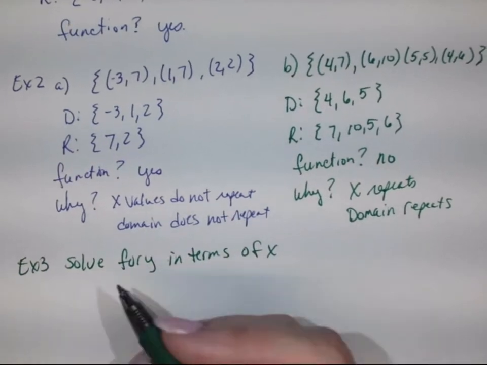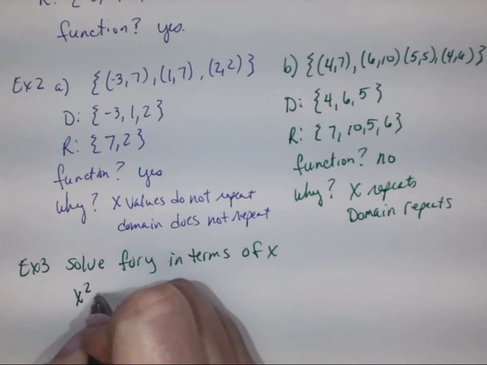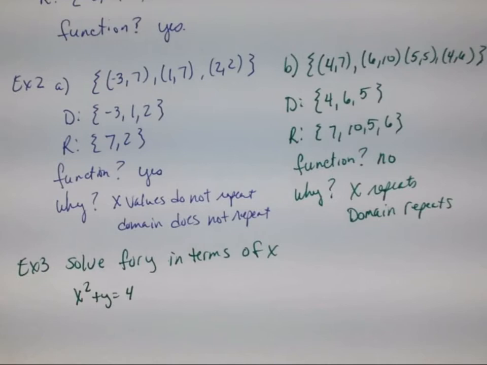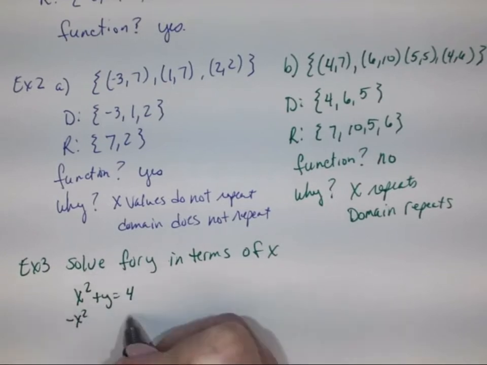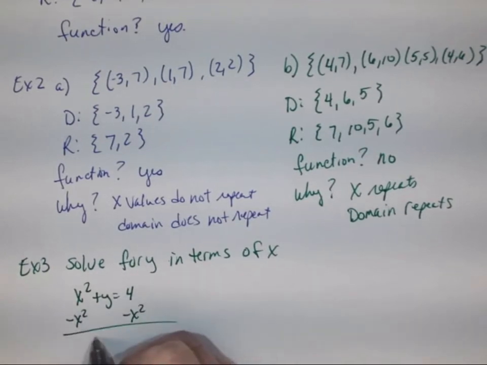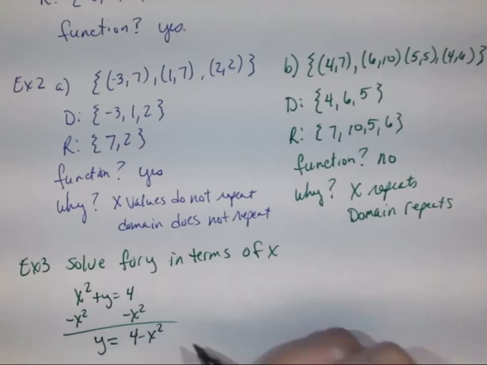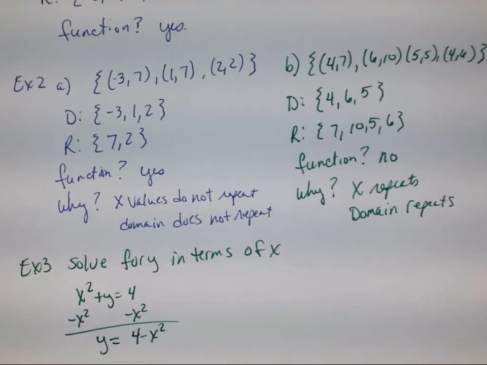So the first one we're looking at is x squared plus y is equal to 4. So we want to solve it in terms of y, so we're just going to move the x values over. So y is equal to, it doesn't matter which way you write it in this case, we're going to write it as 4 minus x squared.